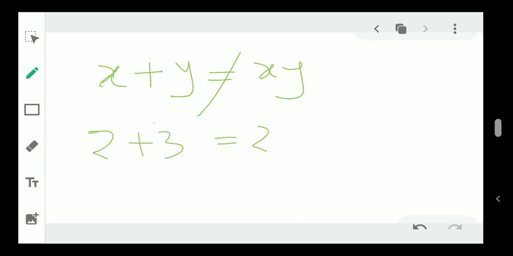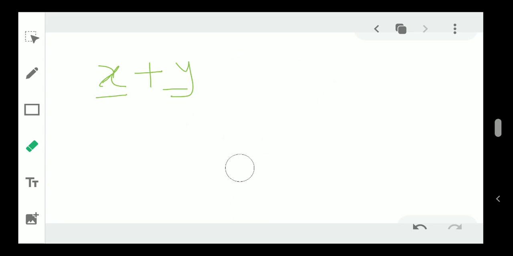Can you write 2 into 3? No, you cannot write that. What you can do, 2 plus 3, you can write 5. But x and y, they are different variables, right? So different variables you cannot add. Understood? If you are having different variables, you cannot add.